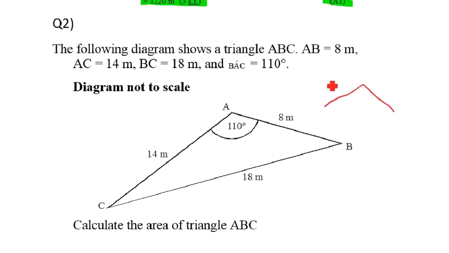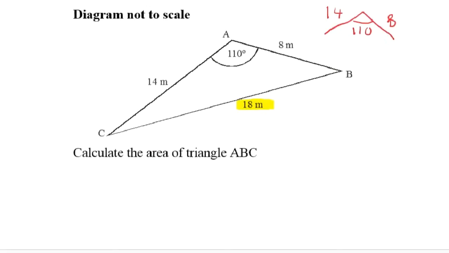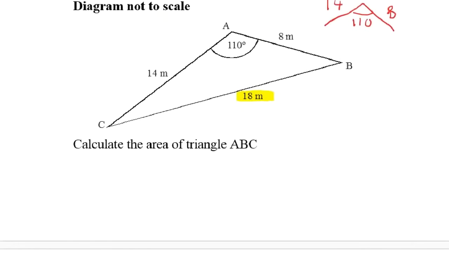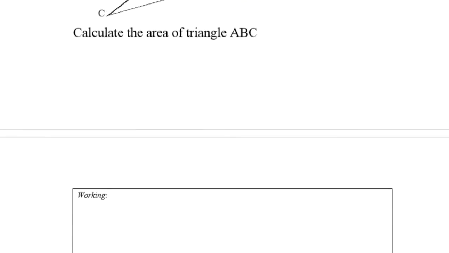So 14, and this is the angle in between, 110, and this is 8. And this one is a trap. You don't need this, but don't get confused with that one, I hope. So take care.